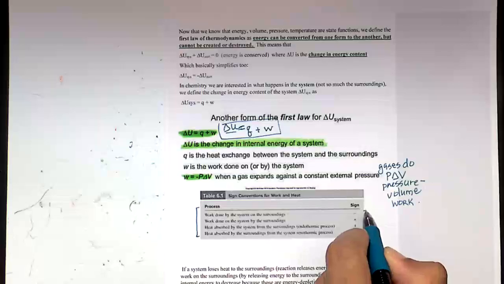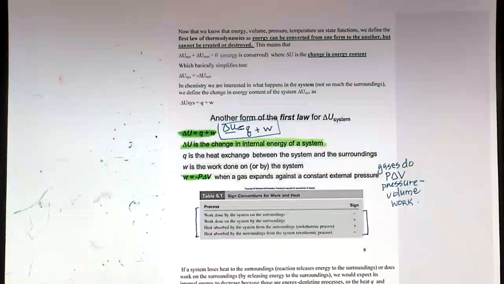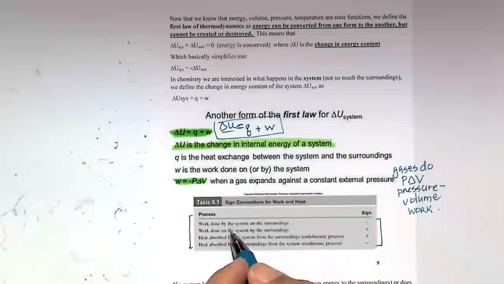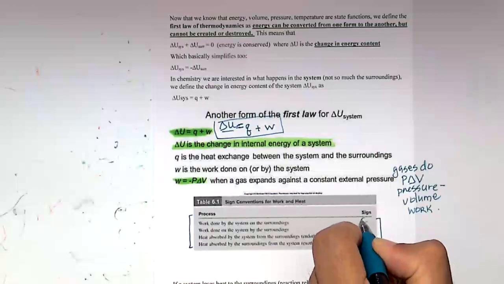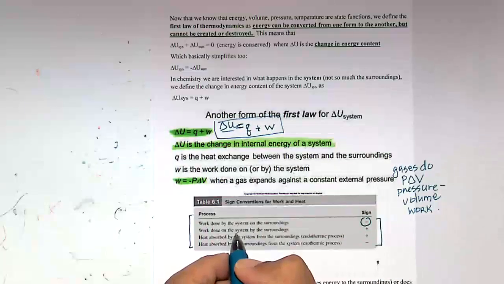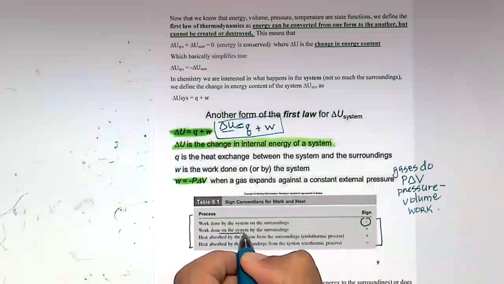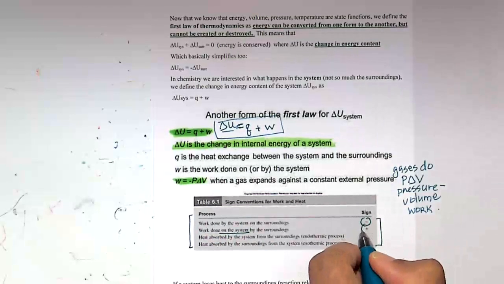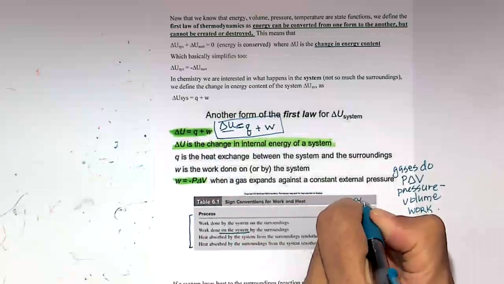This is a review from what we did earlier in the class. Work done by the system on the surroundings: the sign for the system will be negative. Work done on the system by the surroundings is positive for the system.